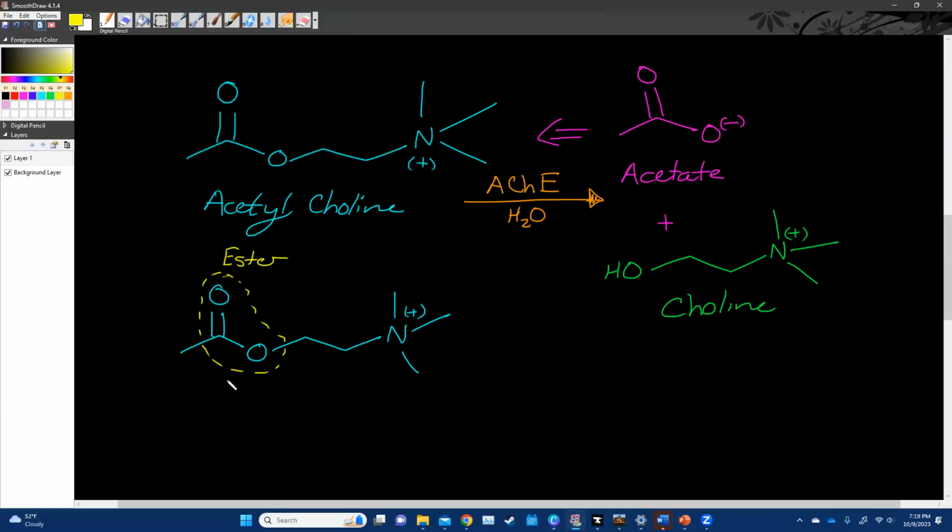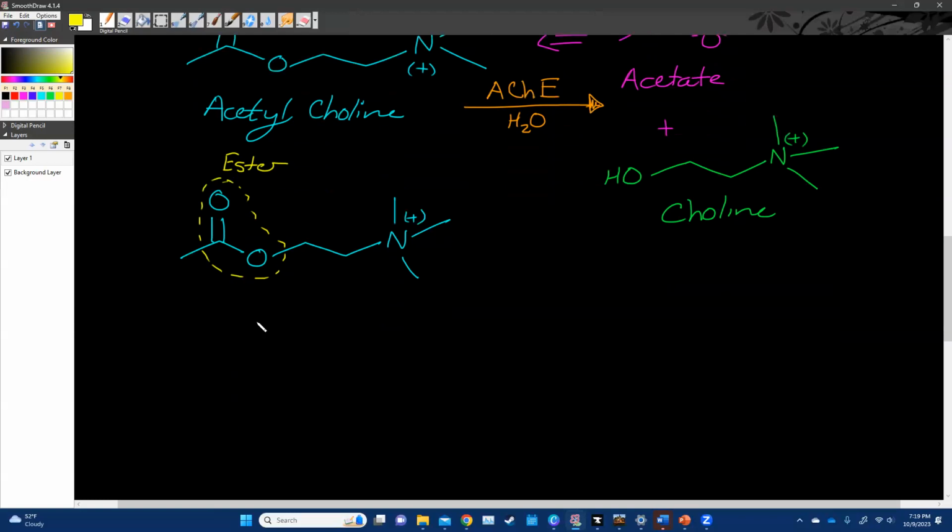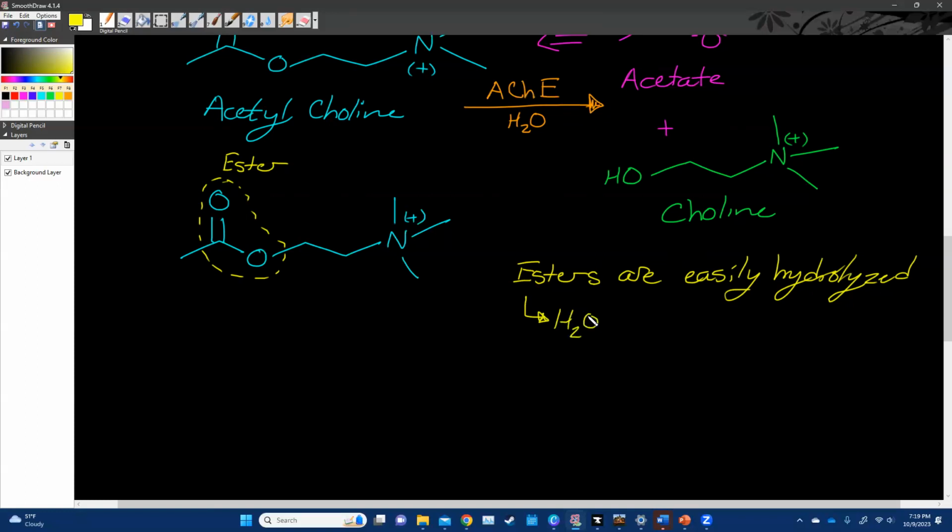This ester is easily hydrolyzed. Which means that the water that is used by acetylcholinesterase will degrade acetylcholine.